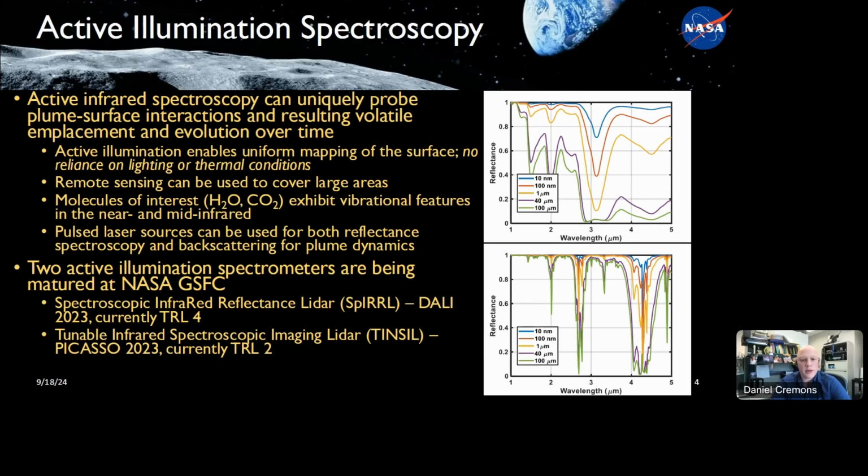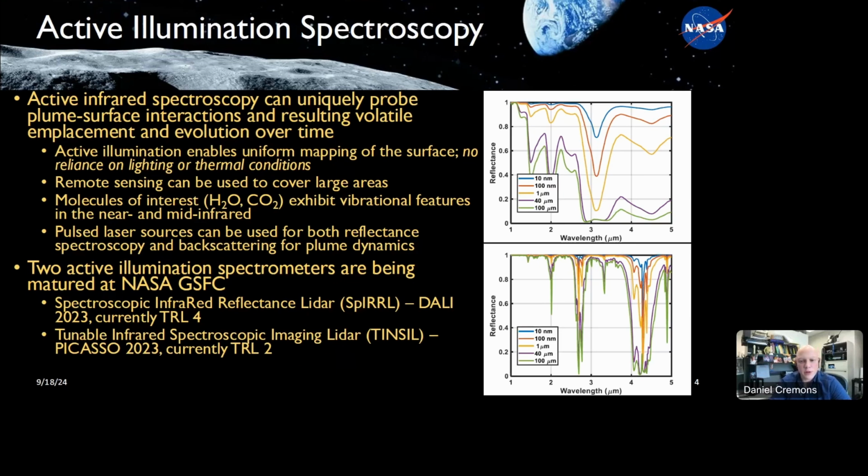We don't need to rely on the local lighting conditions at the landing time. We aren't concerned with the specific topography with respect to lighting and shadowing. We aren't worried about needing to know the temperature of the surface very precisely to understand thermal emission near this 3 micron band. We can remove the thermal component by looking in between laser pulses.